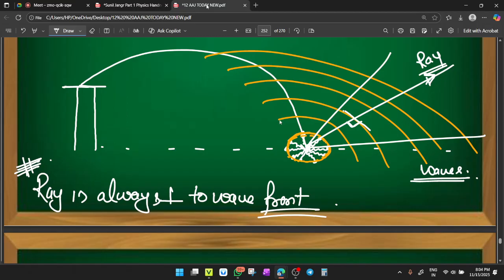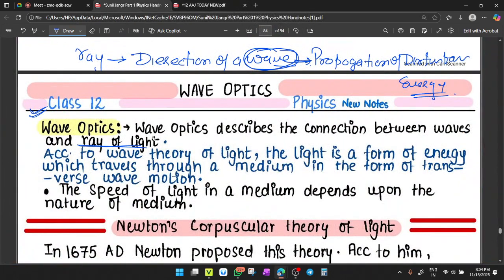But when you study the wave, you study the type of propagation, not the direction. In which way the particle is vibrating, the wave is traveling.